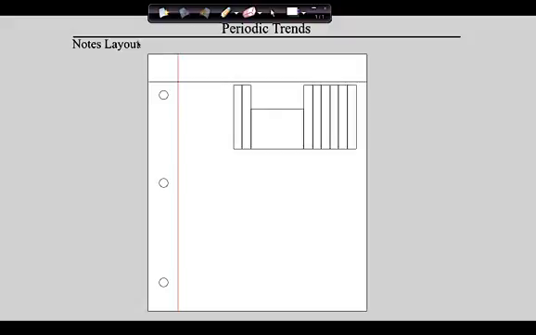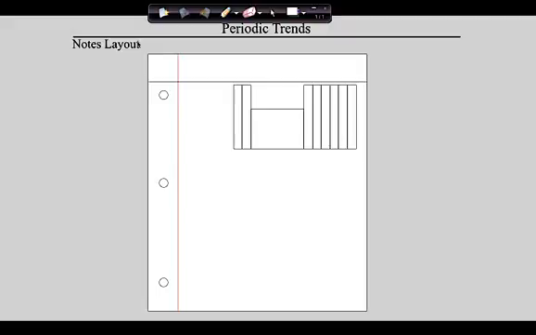You are going to draw yourself a skeletal periodic table. Notice the way that this works. It does not extend down to the midpoint hole in your paper. It goes down about 2/3 of the way between the first and second hole.